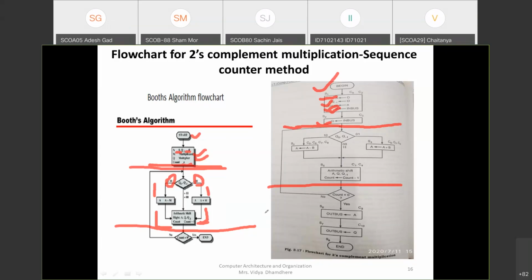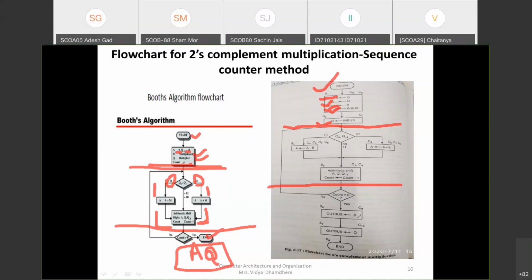That's why. Now the third phase: whenever the counter is equal to 0, it signals the end of operation. In Booth's multiplication algorithm, the content of the A register and the content of the Q register give the final result of the multiplication. Now here the counter is 0, so this condition is satisfied.